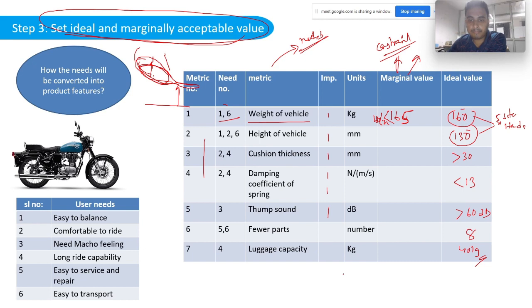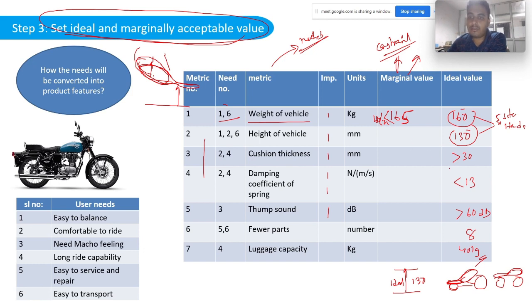Did you understand? Yes, sir. Okay, for example, the height of the vehicle benchmark is 130. This is ideal. But your new design is so different from the other design that if you want to accommodate that particular design, either your wheel size needs to be very small, or, if you want to keep the same wheel, then in order to achieve the same design, you need to reduce the fuel tank size.